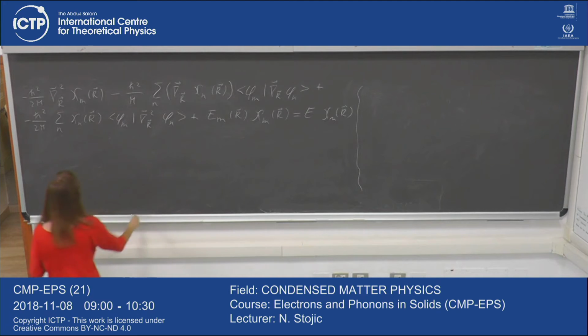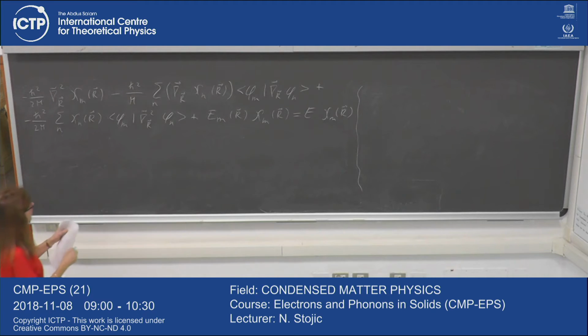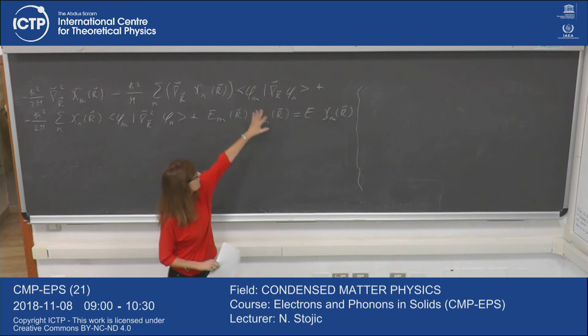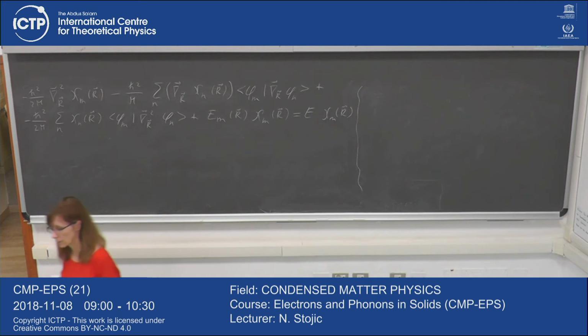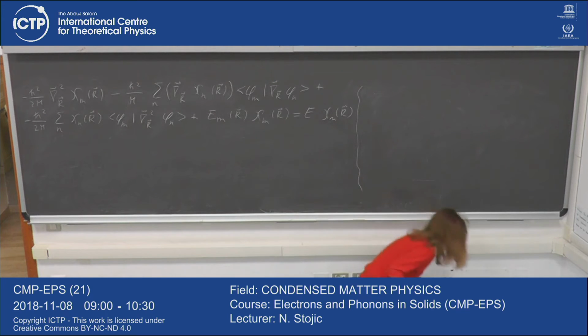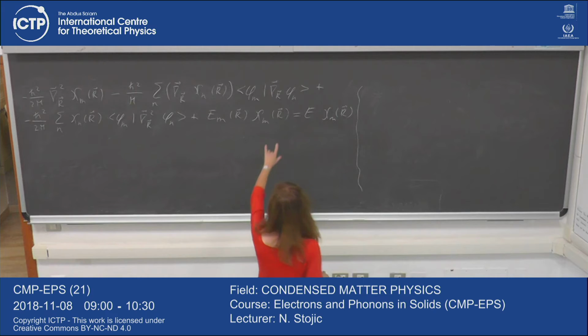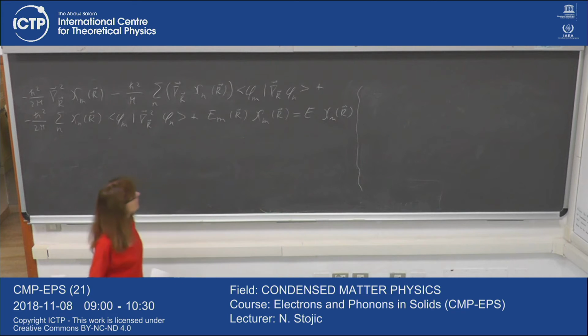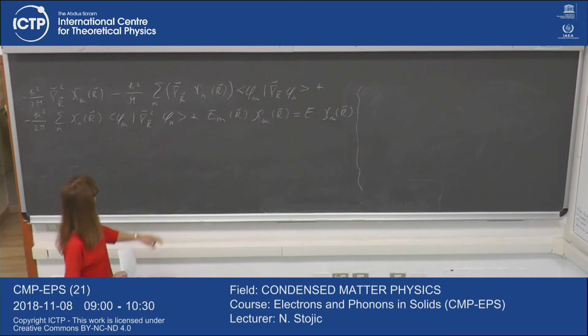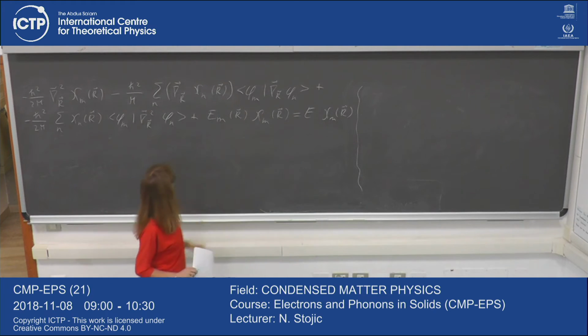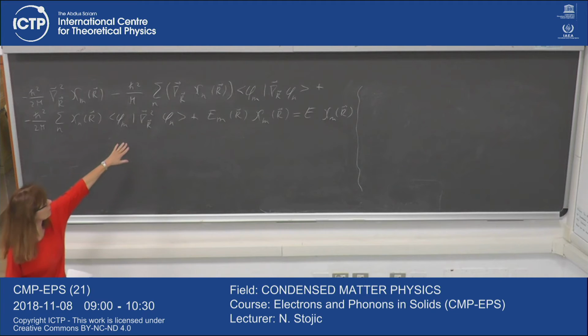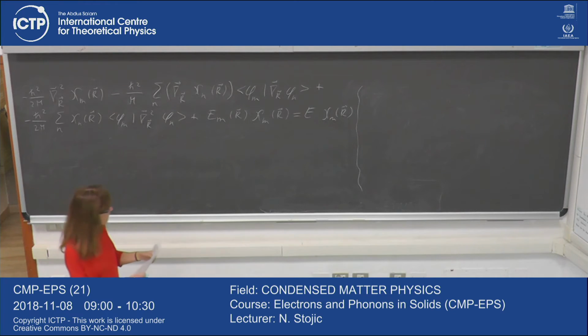So there are two terms which involve the derivative with respect to what I will call the slow variable, the position of the ion, on the electronic states, either as a simple derivative or as a double derivative.